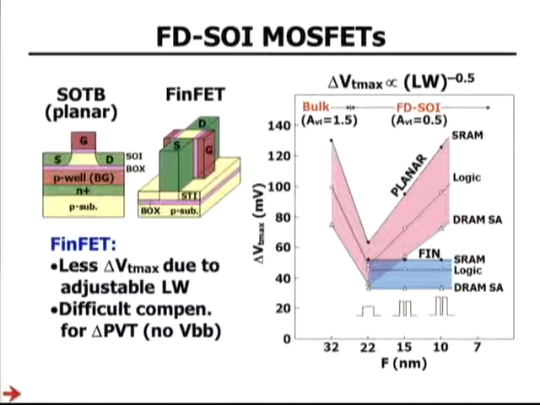In contrast, for FinFET, they are maintained to the same due to adjustable LW by means of double fin and scaling up of the height. Thus, FinFET will continue low voltage operations over the generation.